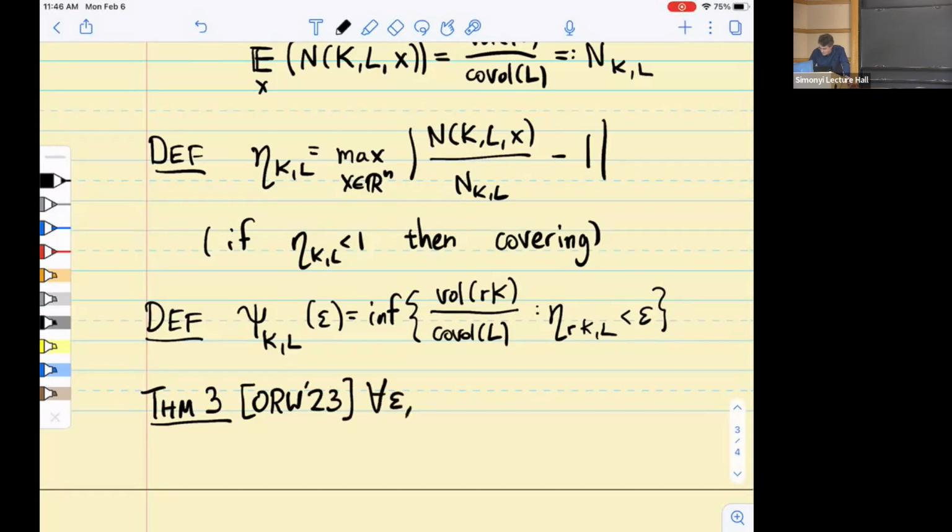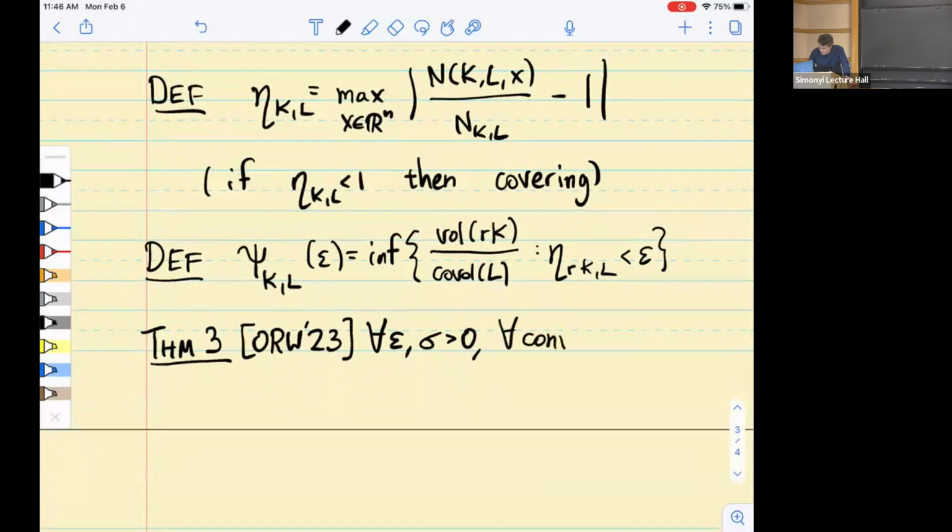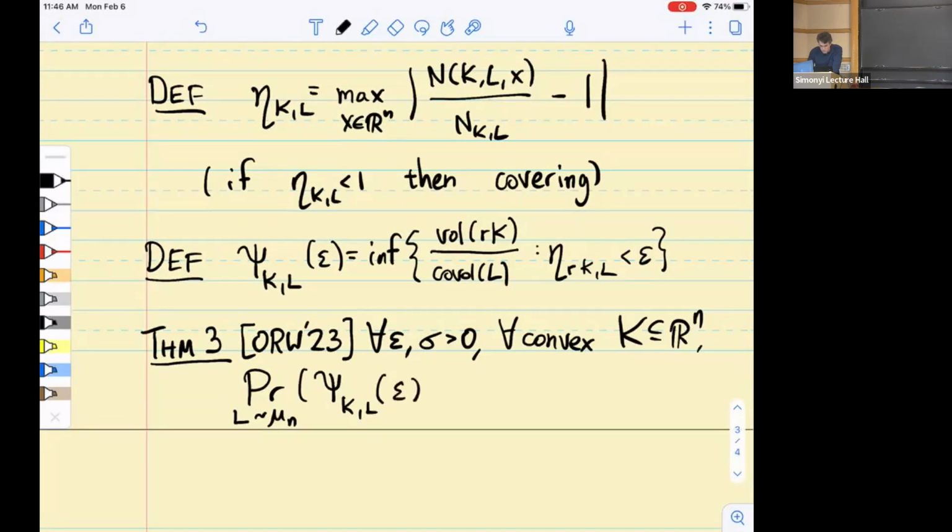So for all epsilon and some sigma bigger than 0, and for all convex K, bounded, we show that the probability, and again, it's under random lattice chosen from this Haar Siegel nice distribution, the probability that you are lucky, that psi KL, the volume, is less than n cubed plus some epsilon, goes to 1 as n goes to infinity. So we have a more precise quantitative statement. I'm just simplifying a bit.